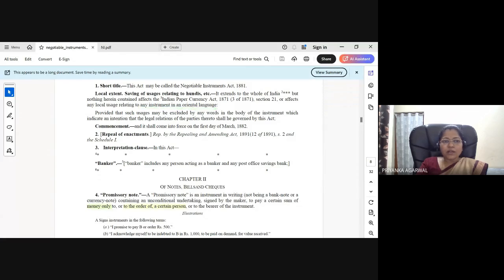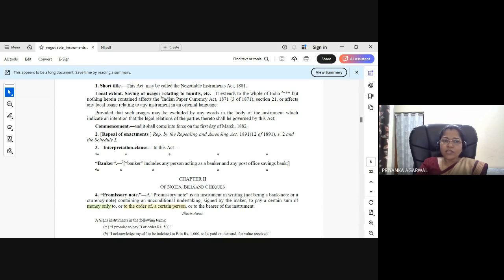So this saving section is saying two things. One is that money is not a negotiable instrument, and another is that all these instruments which are in Oriental languages, like your hundi, are negotiable instruments, though not regulated by the Negotiable Instruments Act.